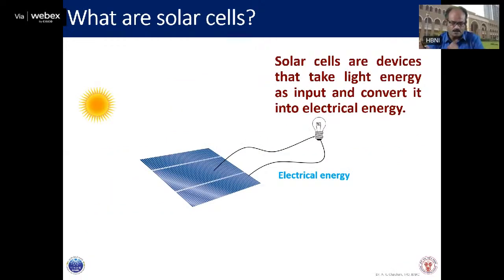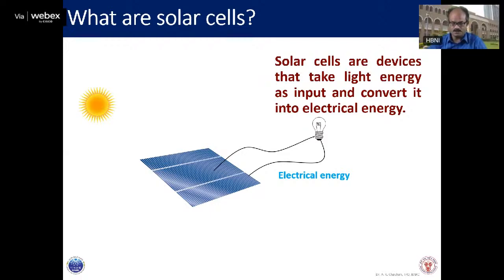Now this was about the solar energy received at the earth. Now what are solar cells? Solar cells are devices that take light energy as input and convert it into electrical energy.